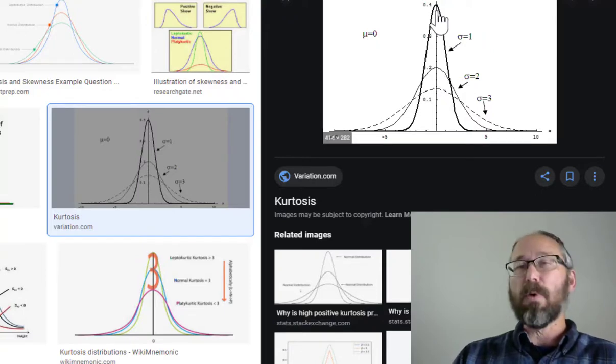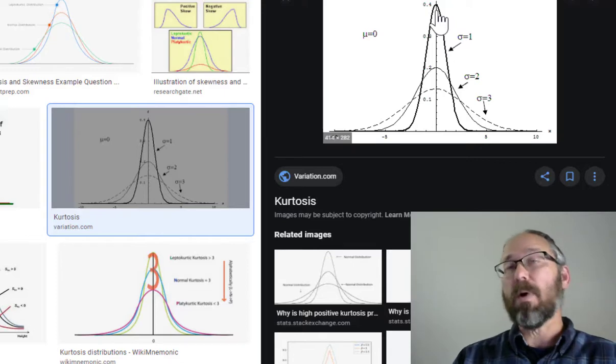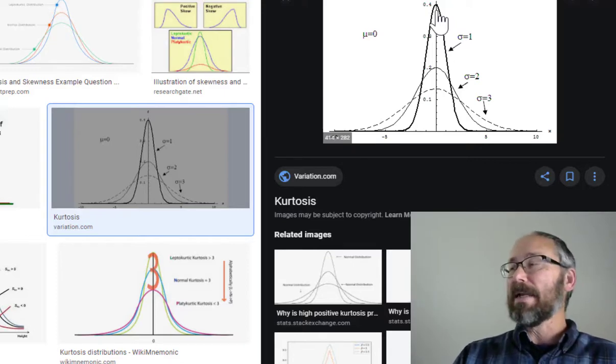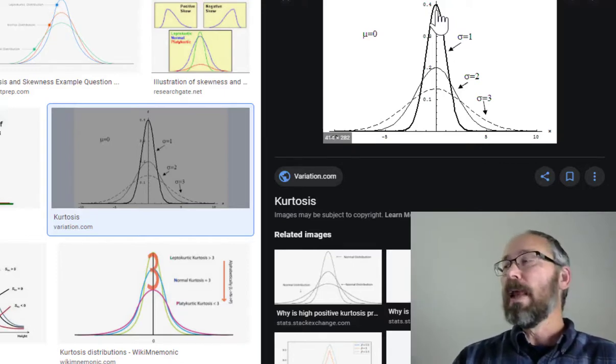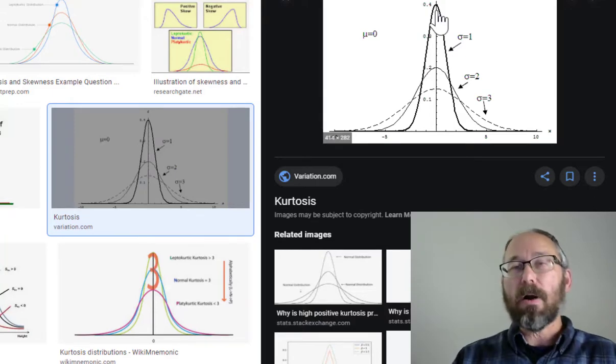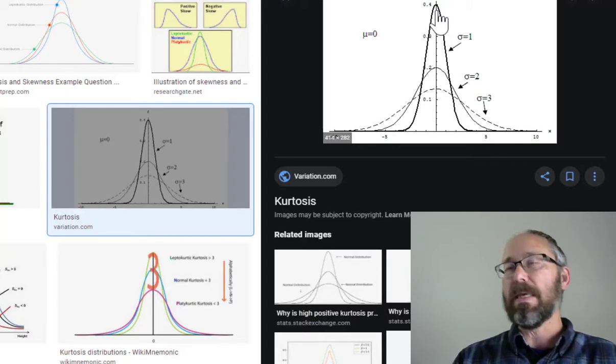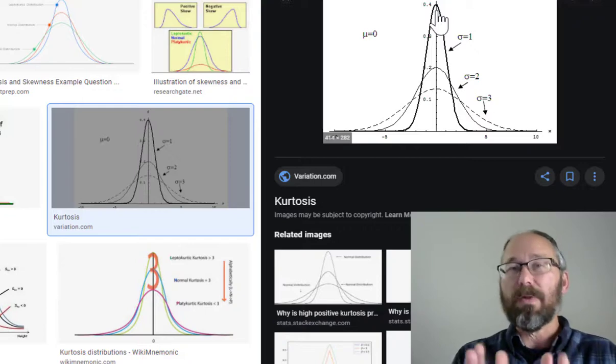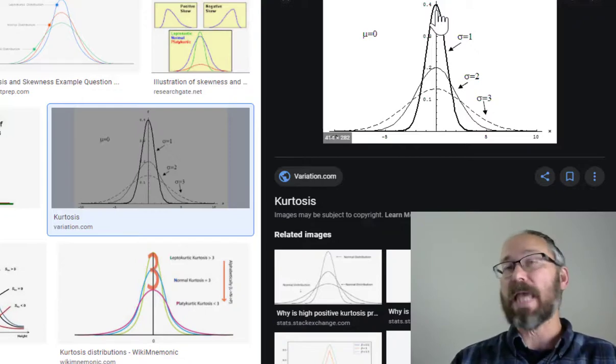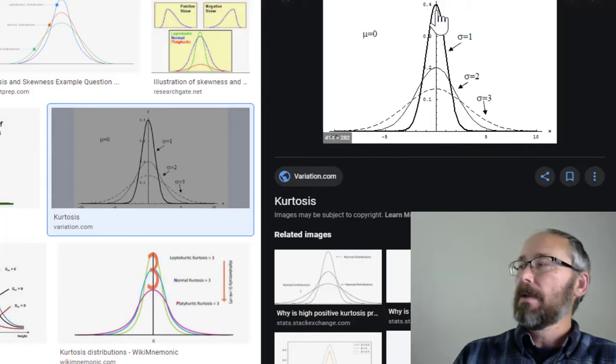The negative one, or the peaked one, is a negative kurtosis. Again, the mirror image, no skew, but most of the readings are very close to that mean. And by that, I mean, remember that we're talking about counts here, or frequency: how many of the readings fall within this, whatever the scale is that we're using.